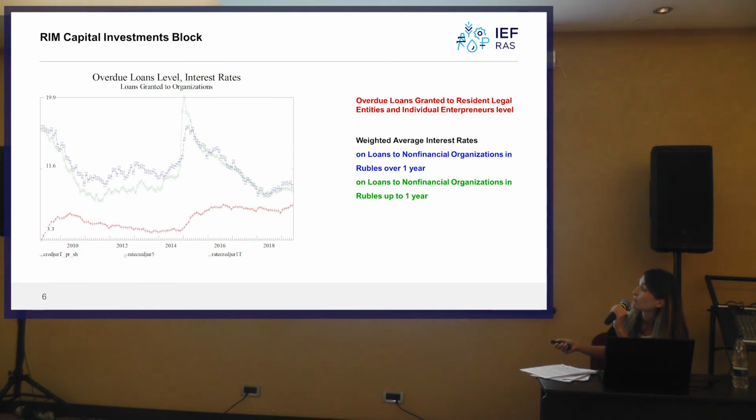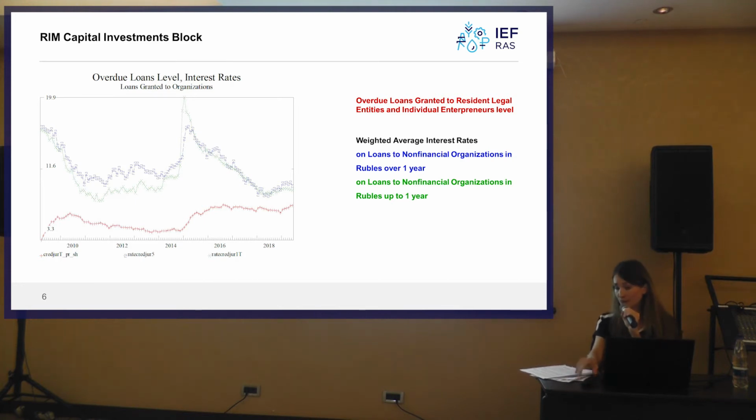And also the overdue loans level increased in 2015 from 4-5% before to 6-7% after, and it's even in this year still growing.